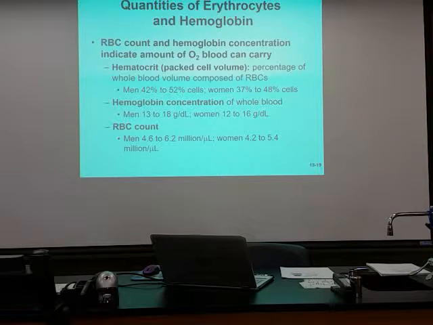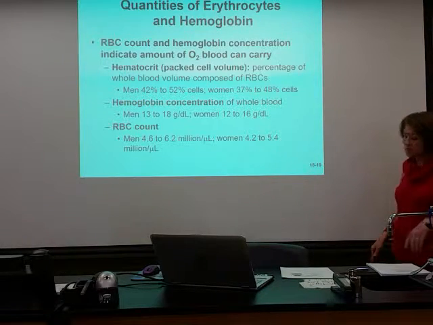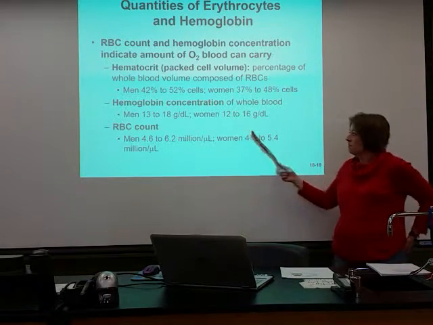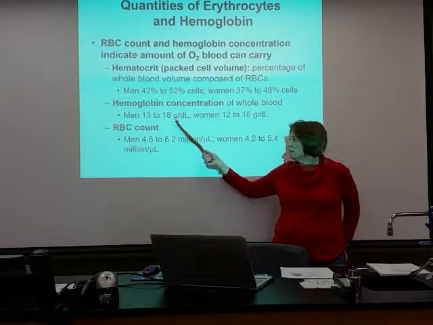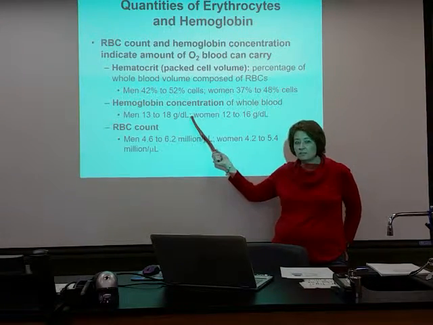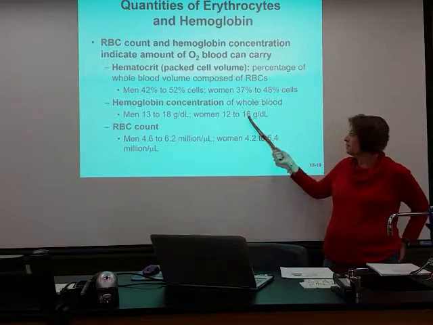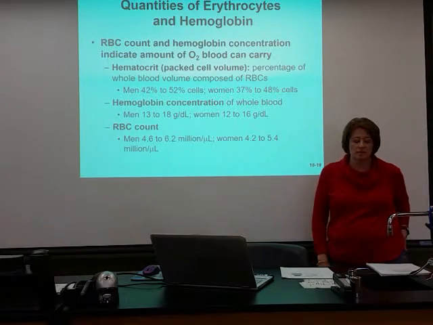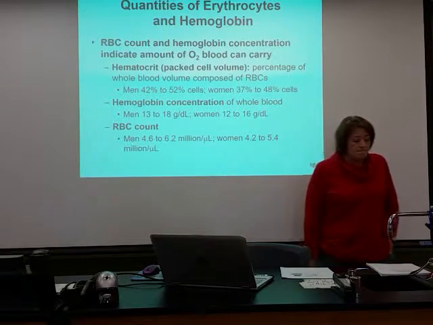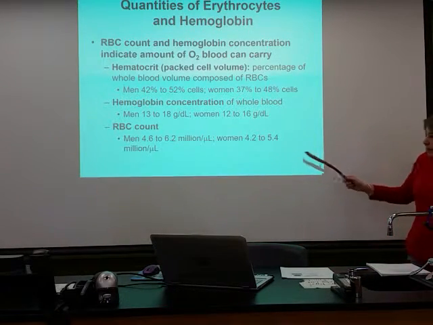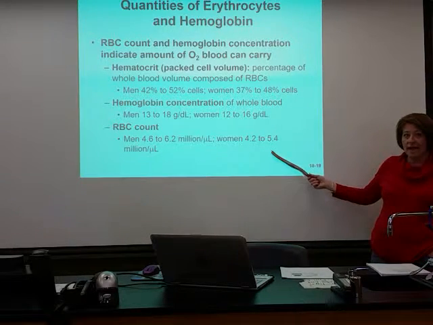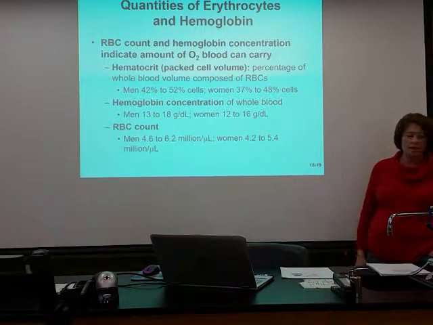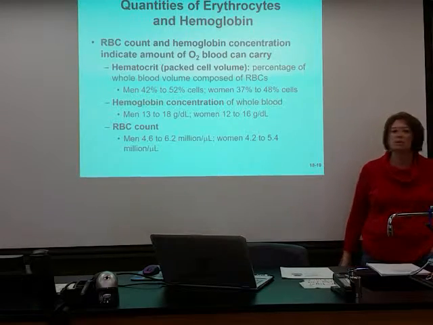Now, the hemoglobin concentration. Men should have about 13 to 18 grams per deciliter. Women, about 12 to 16 per deciliter. Then the red blood cell count, in other words, how many are actually present, and don't ask me about the math, how they do that, because I don't want to know.